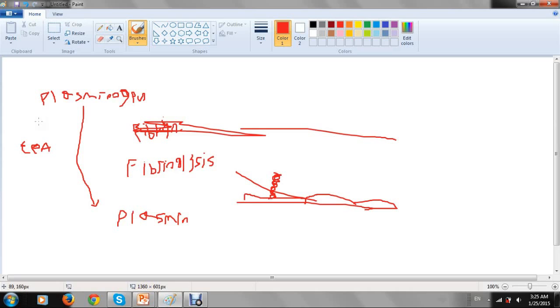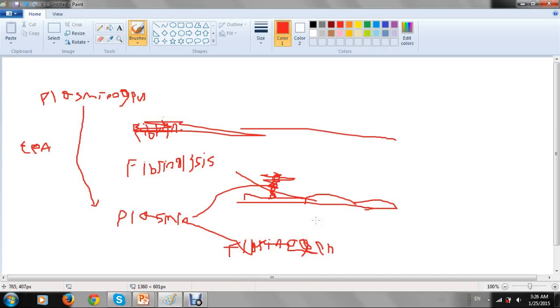And plasmin basically works by cleaving the fibrin. Okay, it also cleaves fibrinogen. It also cleaves the remaining fibrinogen itself.